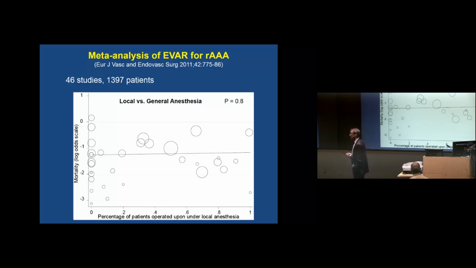They found no difference. So this is mortality on the y-axis and percentage of patients getting local anesthesia. And you can see the line is basically flat, the correlation line. So based on this meta-analysis, there's no significant advantage of local versus general anesthesia for patients undergoing endovascular repair of ruptured aortic aneurysm.